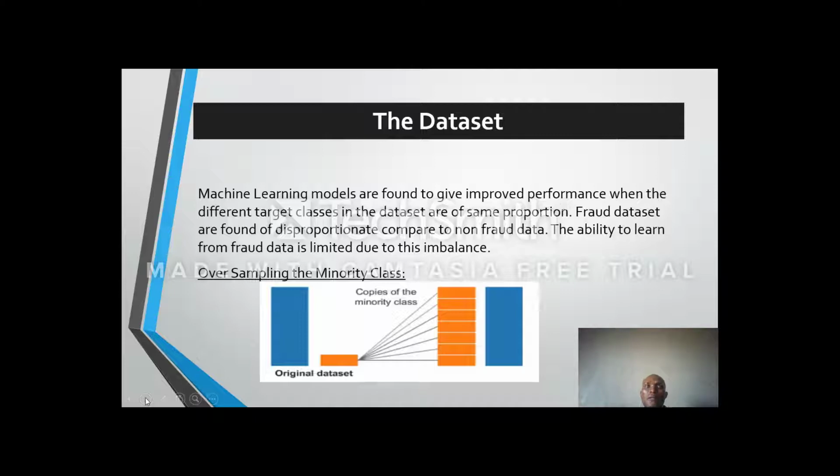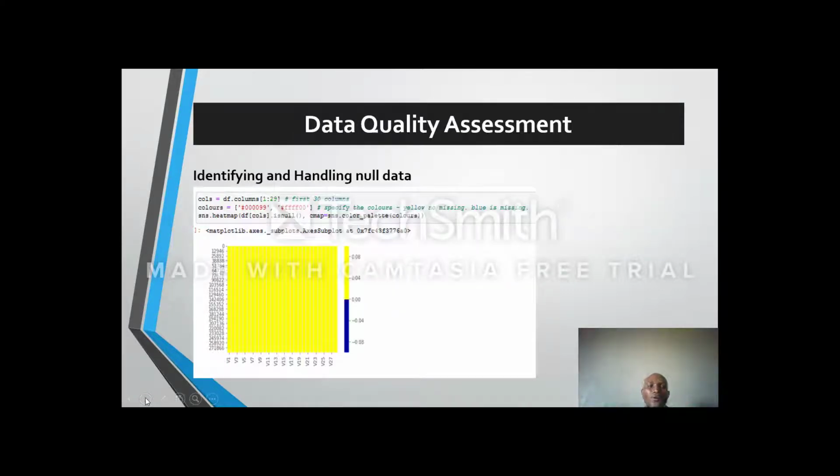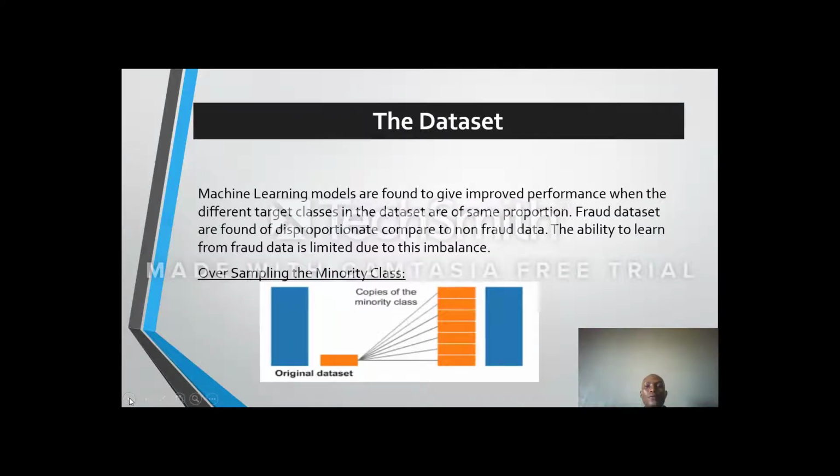Since this imbalance needs to be addressed, I've tried to employ oversampling of the minority class. What do I mean by oversampling the minority class? It's a process of getting the minority class, in this case fraud, to be very close to the same amount as non-fraud cases.